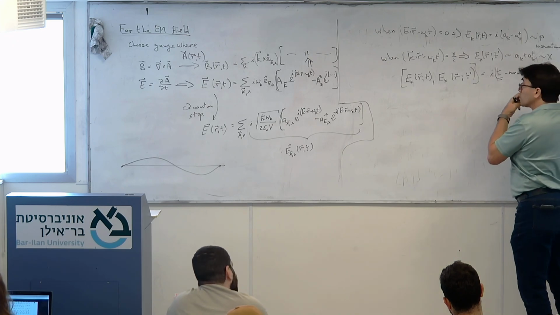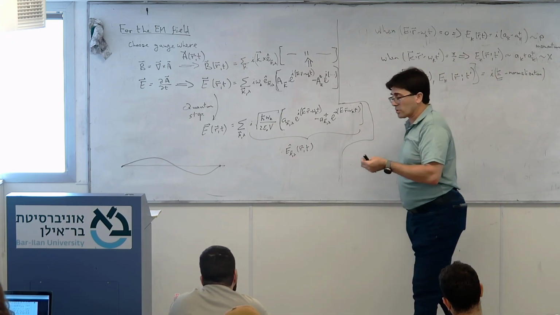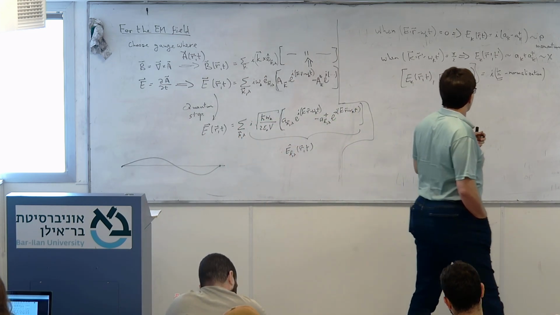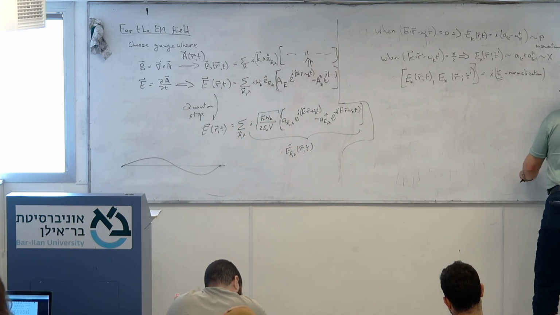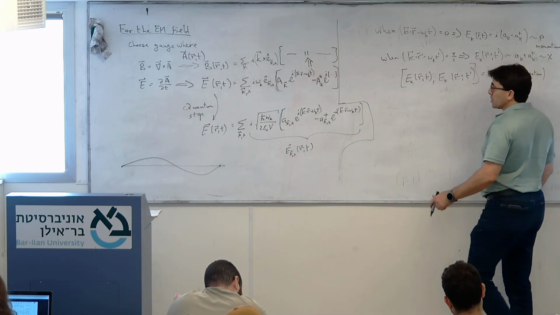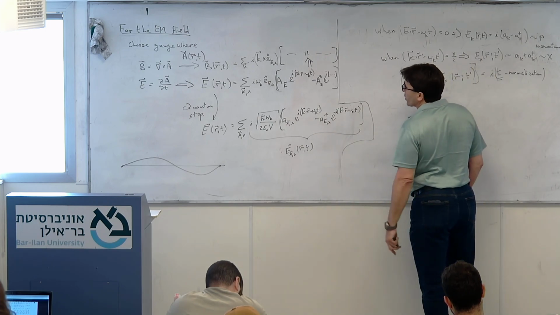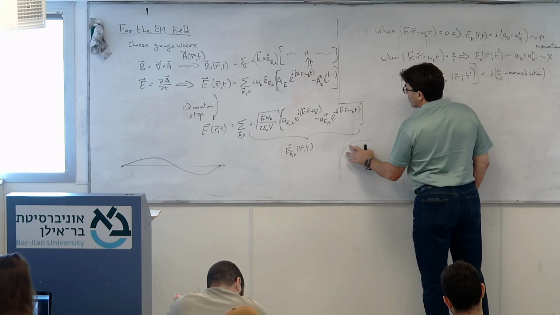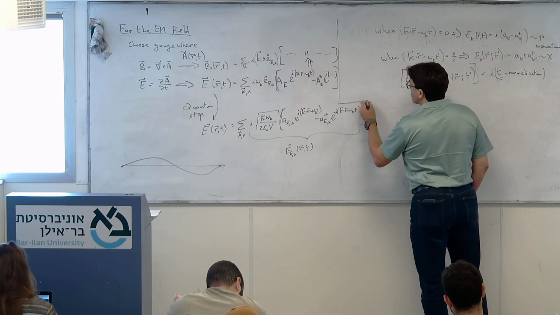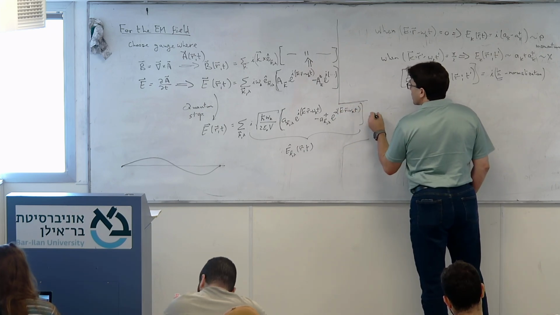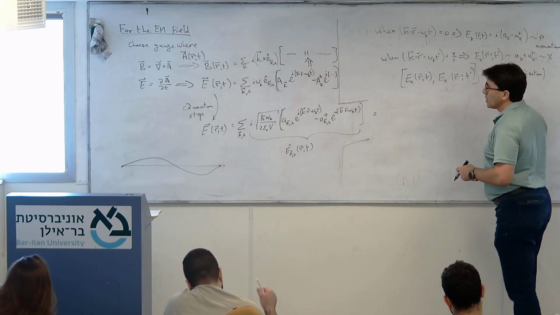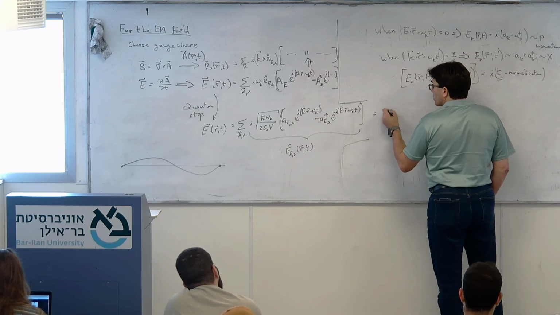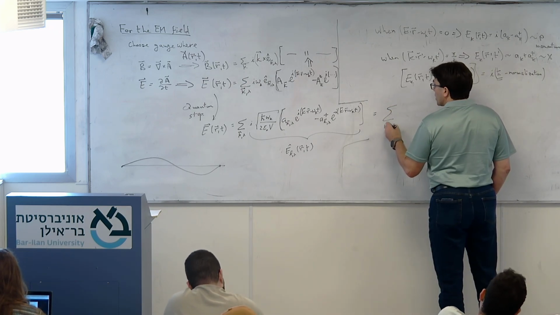And we're going to try to forget about H bar for convenience. I can write the following. The field is just, again, a sum over k and lambda.